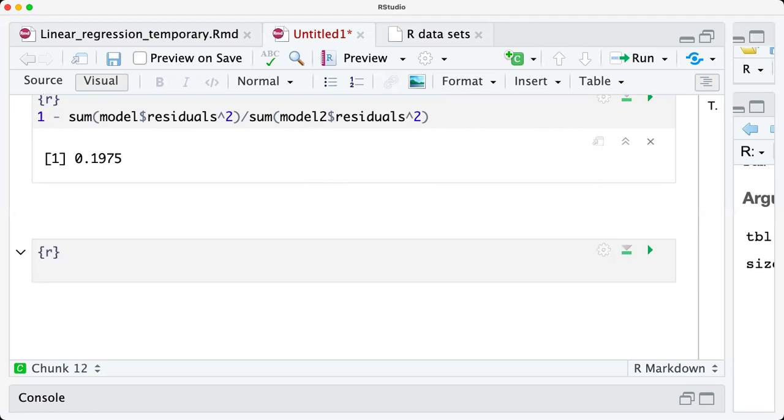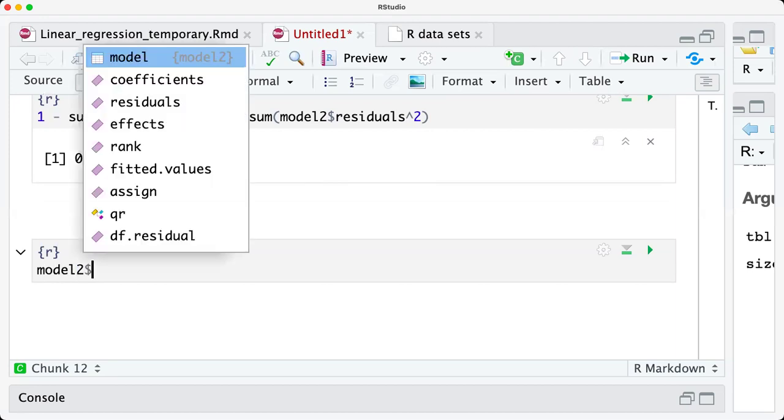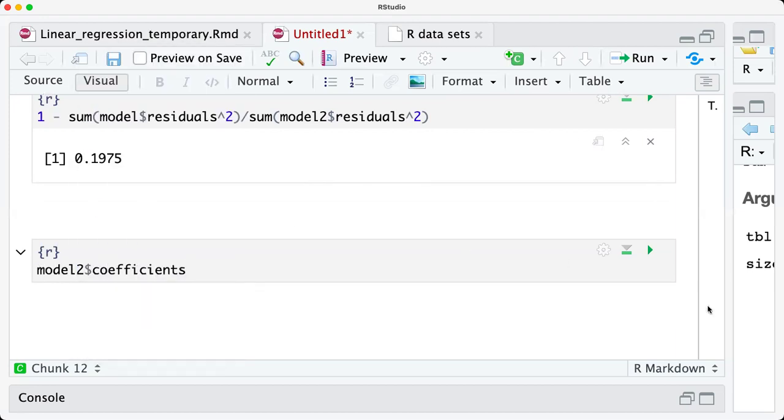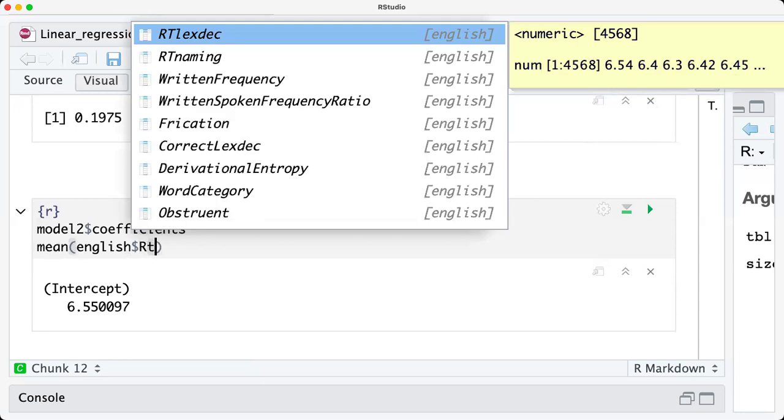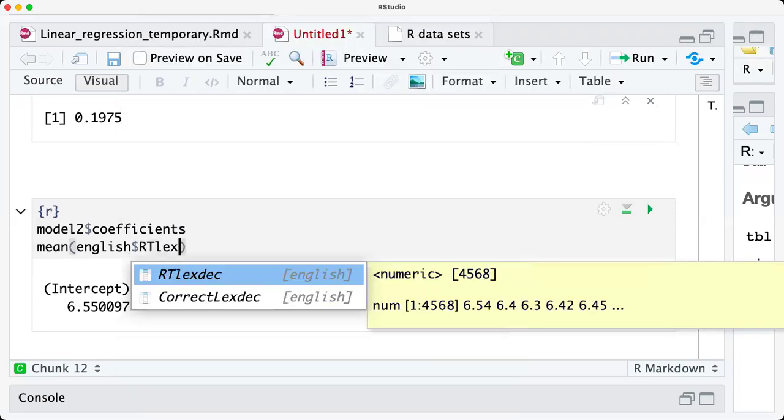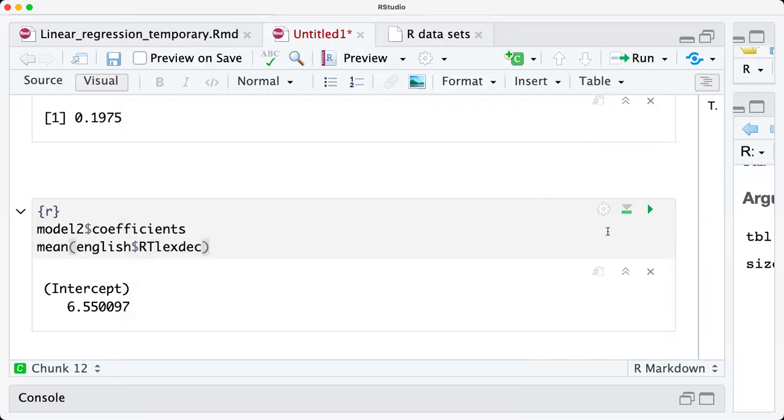If we take the second model and take the coefficients, the intercept will be equal to the mean of the reaction time, as we already know, because we are trying to estimate it with a constant.